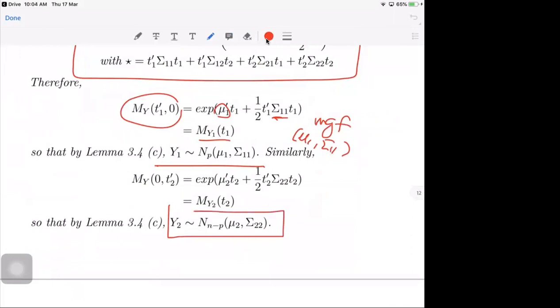And you will see that it is normal, n minus p dimensional, with parameter mu2 and covariance matrix sigma 2,2. So the normality of the random variable is preserved even if we are looking at the marginal distribution.